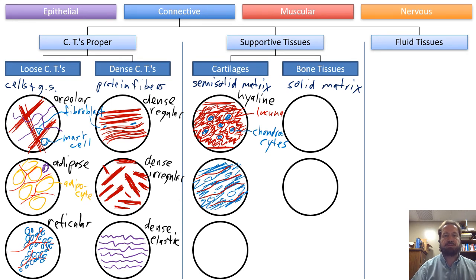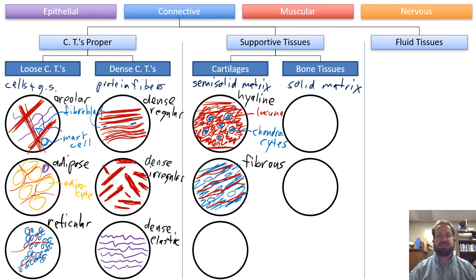Okay, and those bright red collagen fibers make this called fibrous or fibrocartilage. Okay, and so these bright red collagen fibers make it a thicker, sturdier tissue, but they also make it a little less flexible.